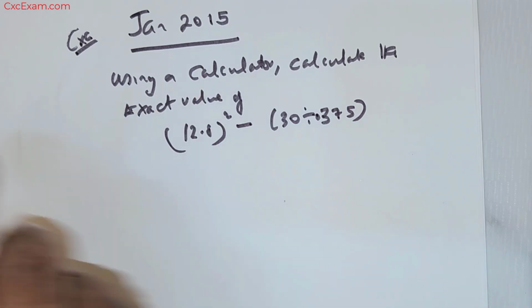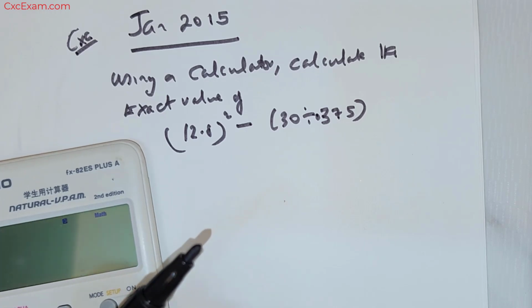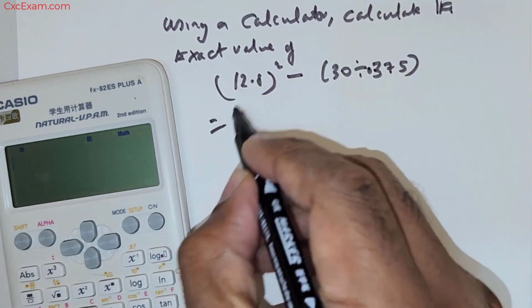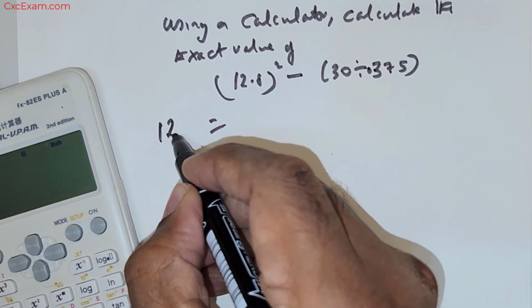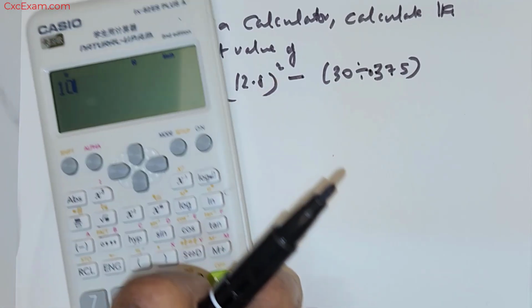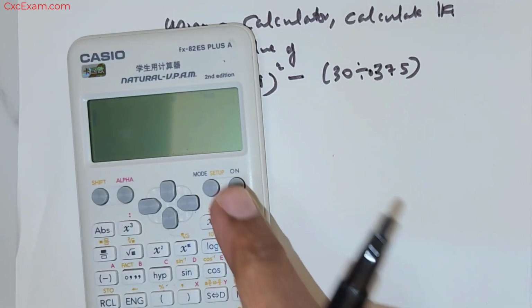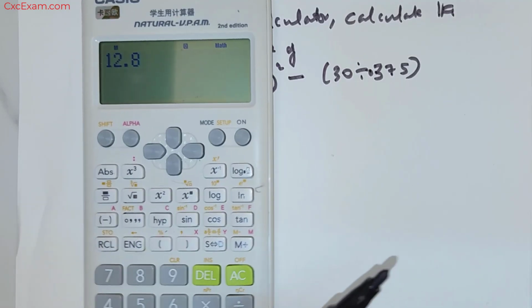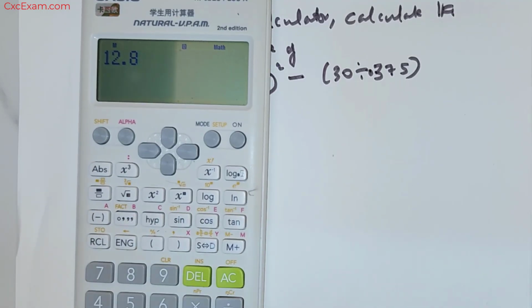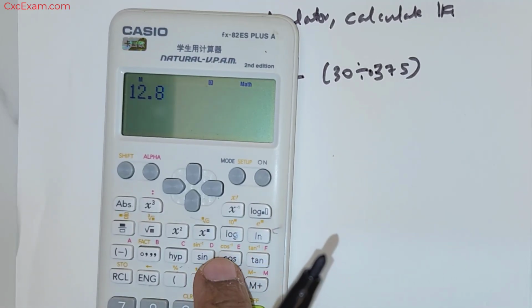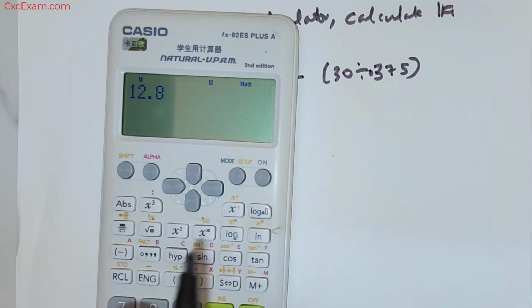Foremost, they have given us the option of using the calculator. So 12.8 squared, find the value of this. Whenever they are asking you to square, you can use a function on the calculator.